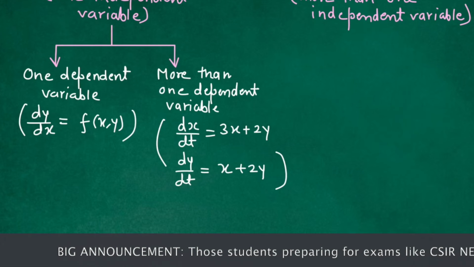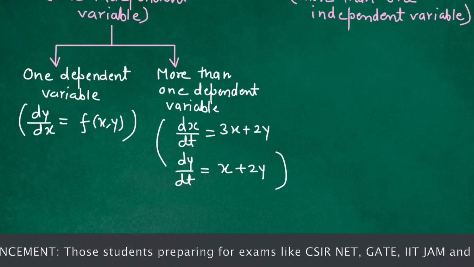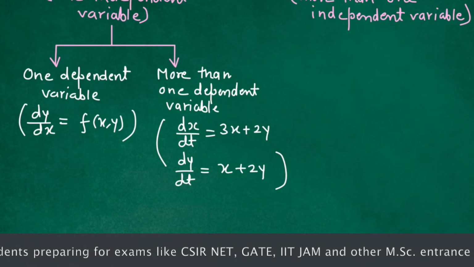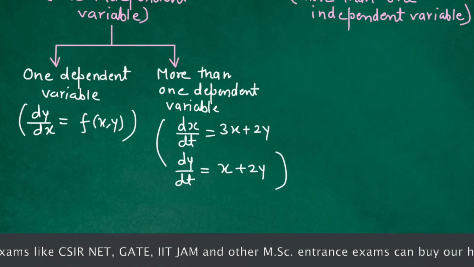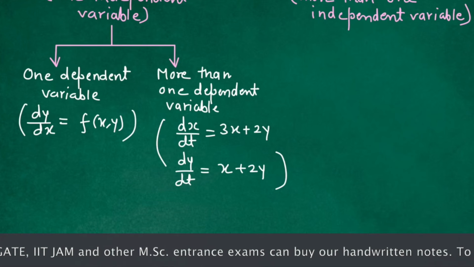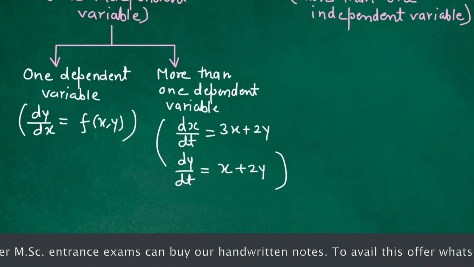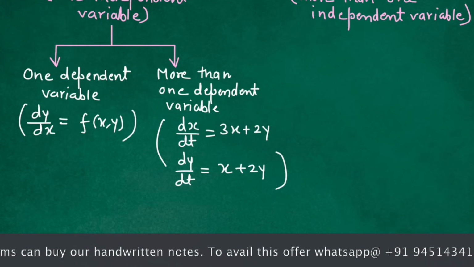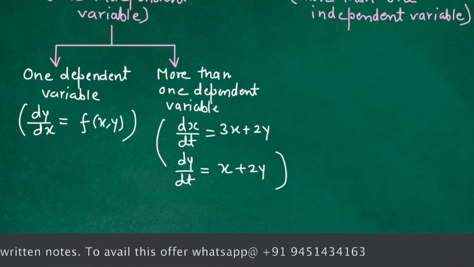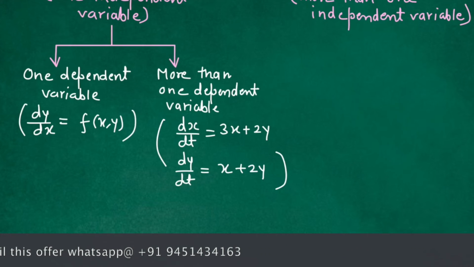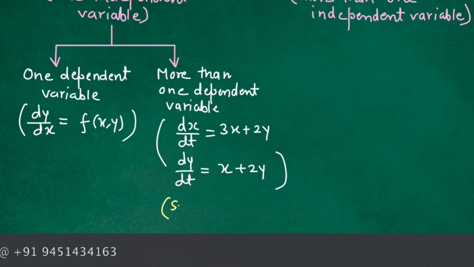Here in this differential equation, t is the independent variable and x and y are dependent variables. x and y depend on t. So here we have more than one dependent variable, and in this second category we get a system of ODEs.